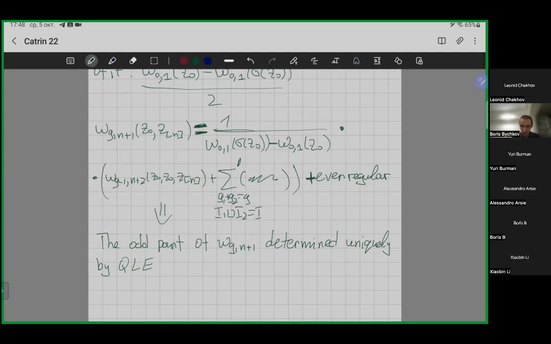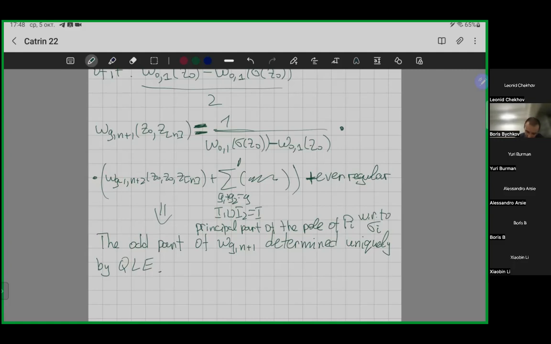Therefore, we obtain the odd part of the principal part of the pole at pi with respect to sigma i in the first variable.